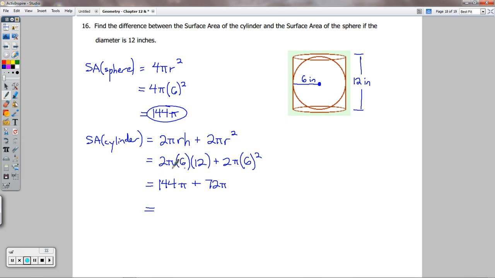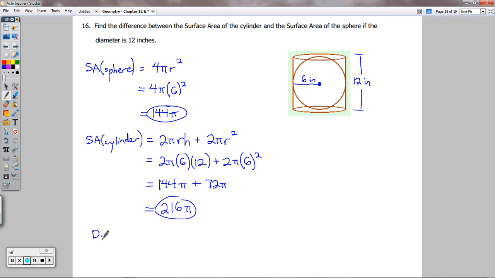So altogether, really I can see the difference right now. This is 144, this is 144 plus 72. So the difference has to be 72 pi. But I'll put that together. If I combine like terms, like pi's, I would have 216 pi.